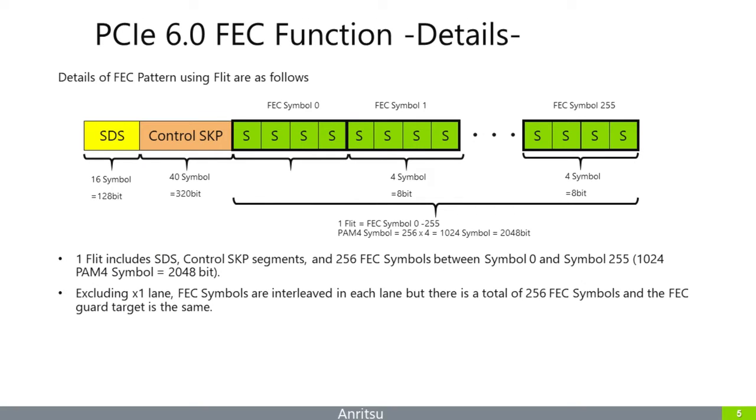Then, PCIe Gen 6 FEC function details. One flit consists of 256 FEC symbols, and one FEC symbol consists of 4 PAM4 symbols.